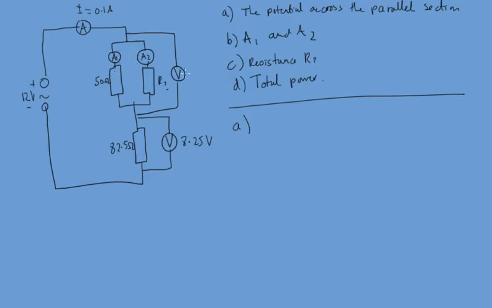We also know that in a series circuit the voltage is going to be shared between this part and this part. So we can work out the voltage first, because that's going to be the easiest part to do. So we know that the supply voltage is equal to V1 plus V2, where the supply is 12 volts, V1 is what we want, plus 8.25, so the voltage will be 3.75 volts.